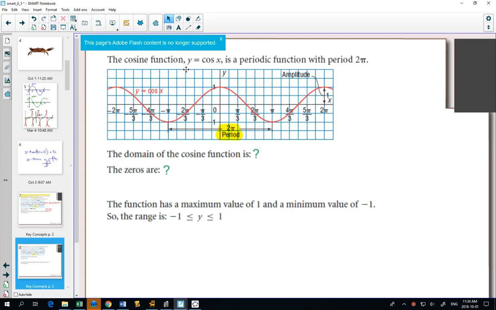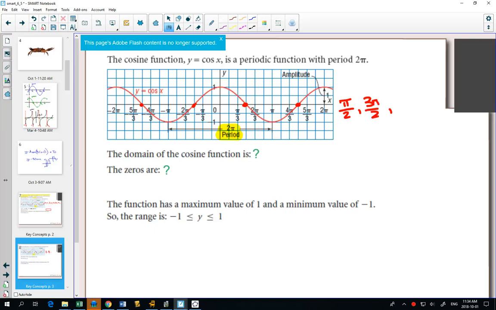But the zeros of cosine are a little bit more difficult. And this is where your graph that you drew is better than the graph that they drew. Because where is our first zero? Our first positive one? Pi over 2. And then our next positive one? 3 pi over 2.